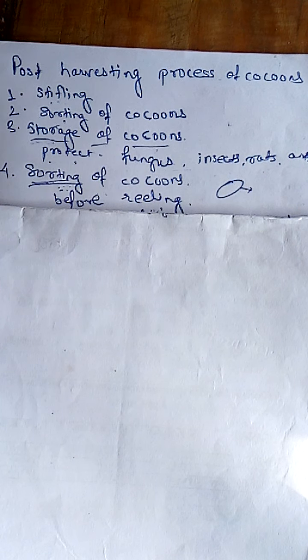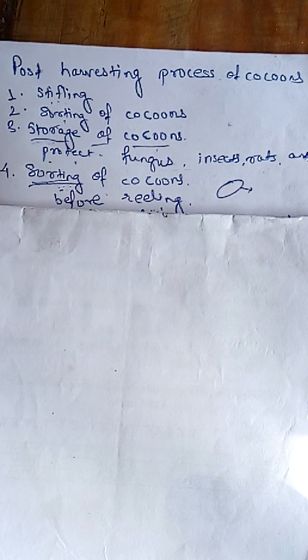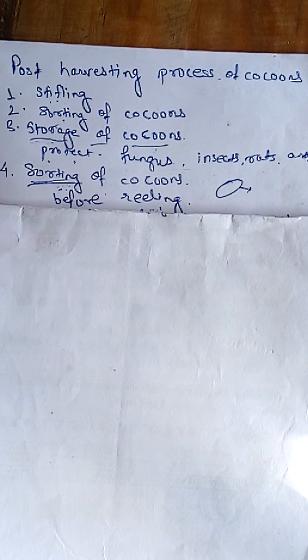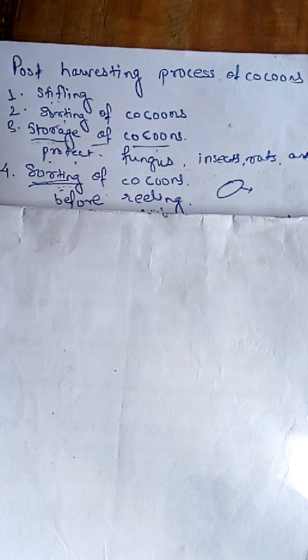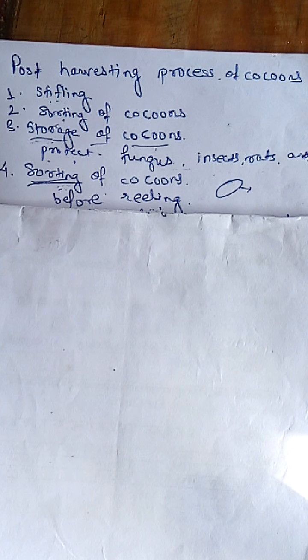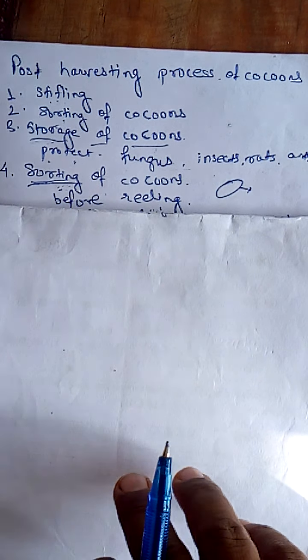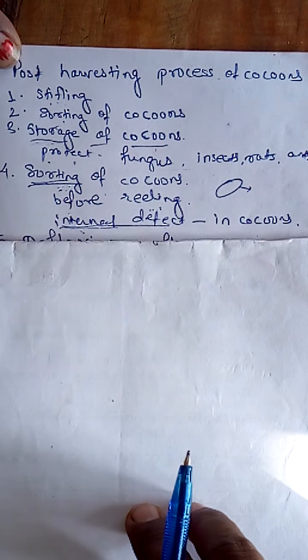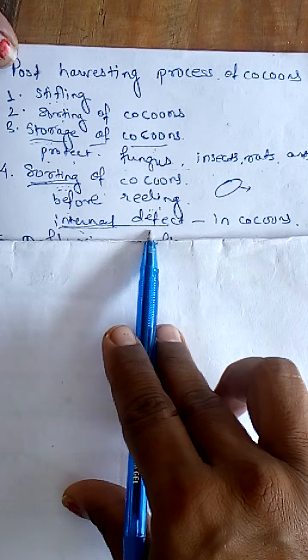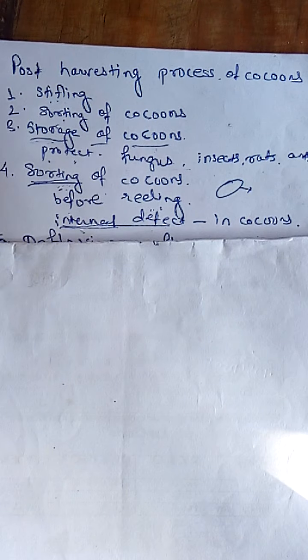The workers who are engaged in the process of removing the cocoons are known as sorters. Not only the cocoons which look defective from outside, but also other cocoons, for example those with internal defects, we remove them also.